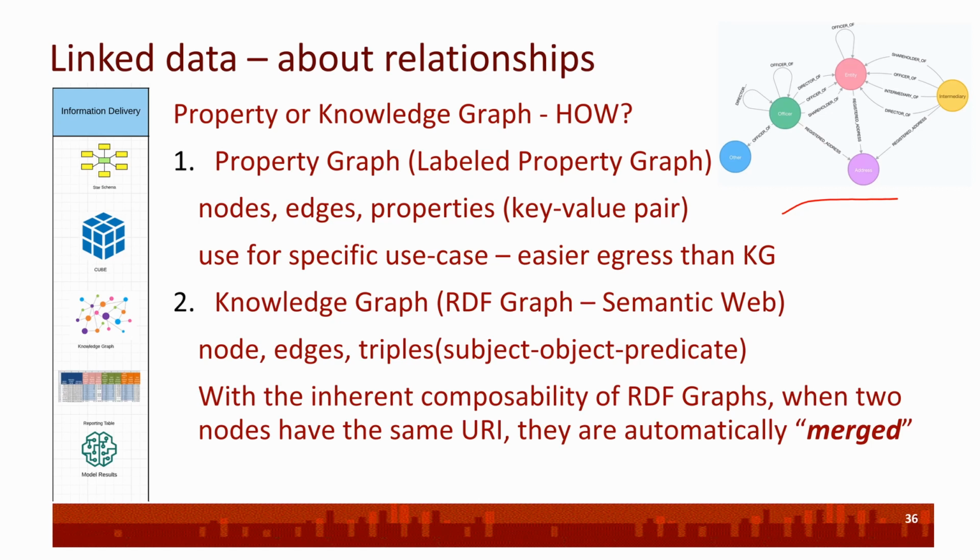You can merge together different graphs when you've got the same thing, the same universal resource identifier. I use the ancestry.com example of that. If I do my ancestry of my people, and then my cousin has done his, and he's got me and I've got me, and if it's the same me, those two graphs merge. And that's a great way to expand the capability and knowledge that you have around your data sets and your ontology.